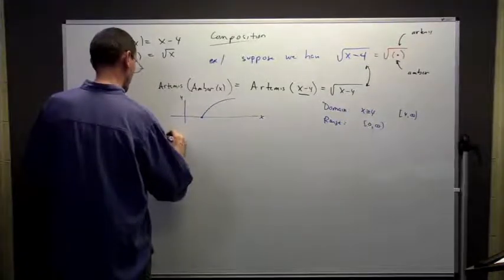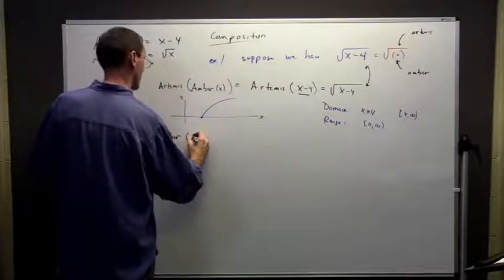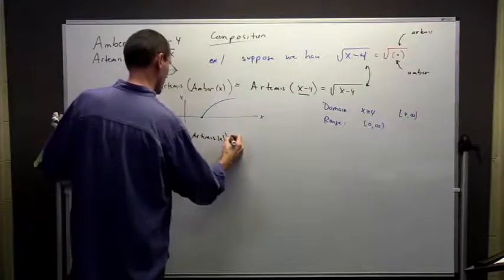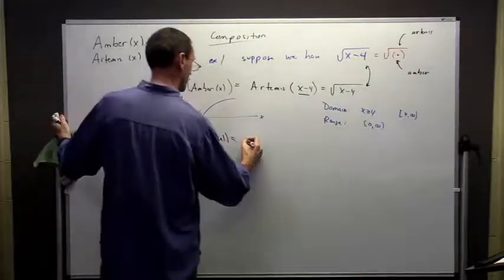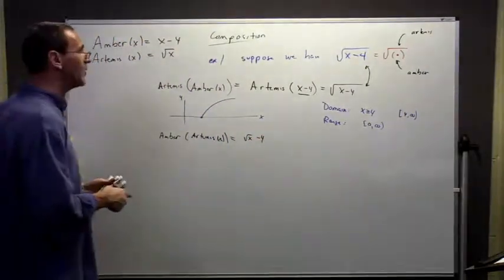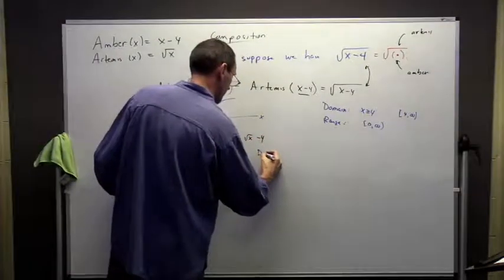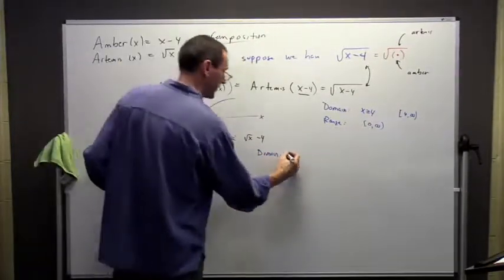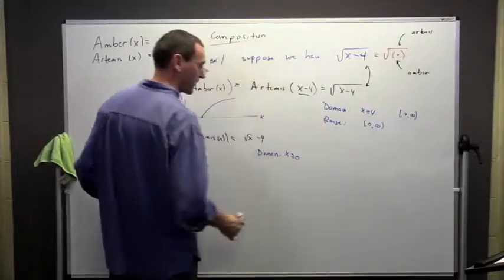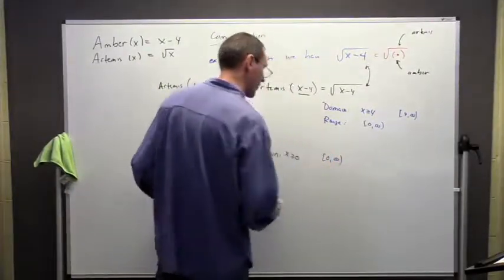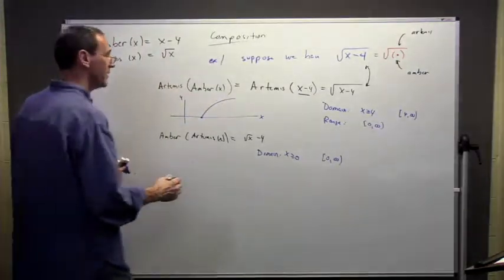I take Amber composed with Artemis. What did we say we got? We get square root of x minus 4. Okay, now my domain, well, I can only plug in positive values for x there, so that's x greater than or equal to 0. Or I could write it as 0 to infinity.